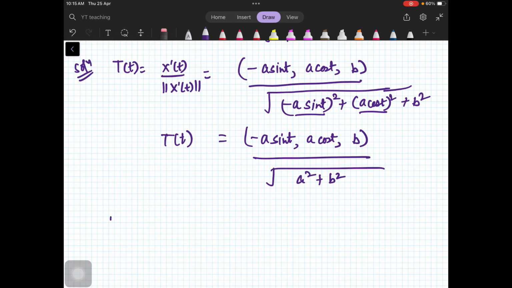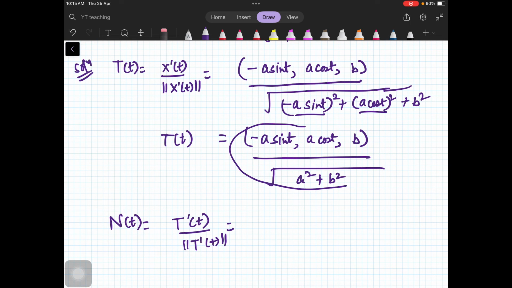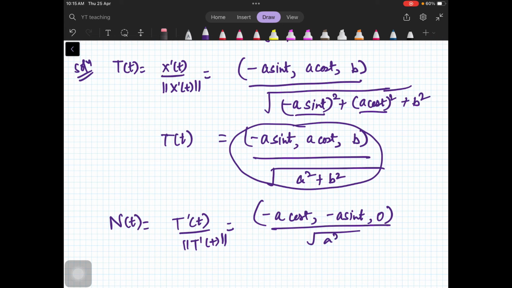Now I am looking for the second vector, that is the derivative of T with respect to t divided by its modulus. If I differentiate it with respect to t, I get (-a cos t, -a sin t, 0) divided by the square root of a² + b².